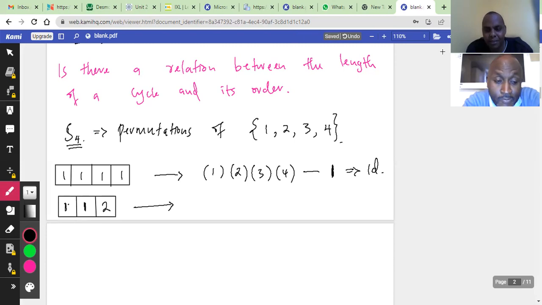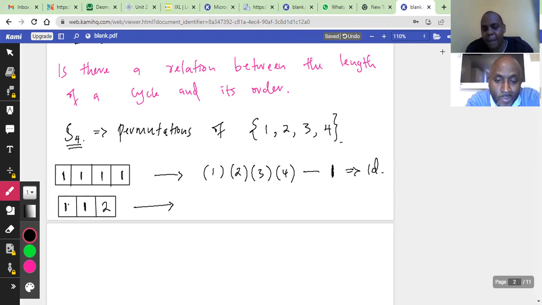Remember, we are talking about permutations of 1, 2, 3, 4. We know there are going to be 24 of them, but now we are coming up with a way of doing it. The first way was to permute just one letter, and there is no way I can permute 1 when it's alone.